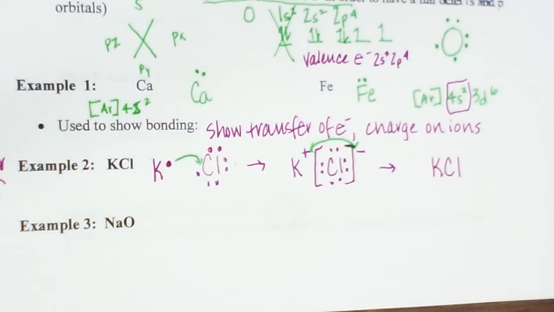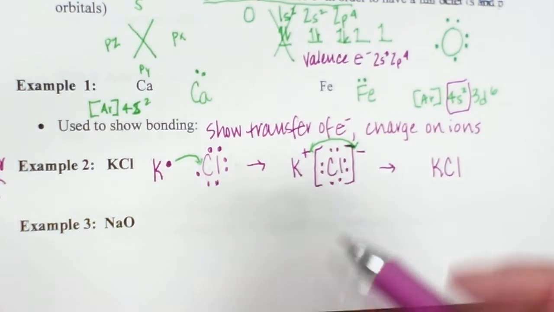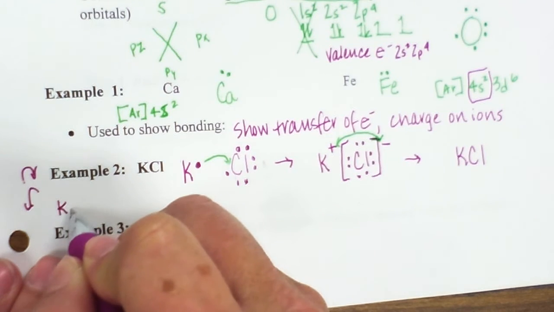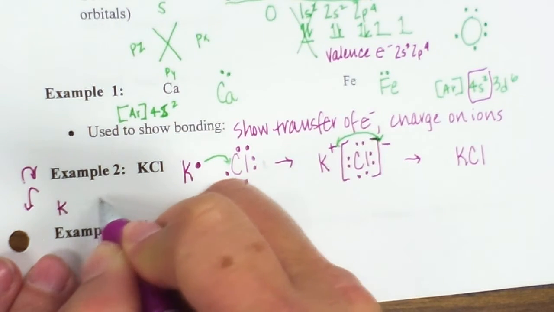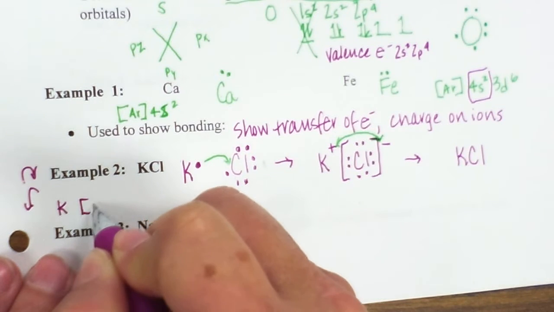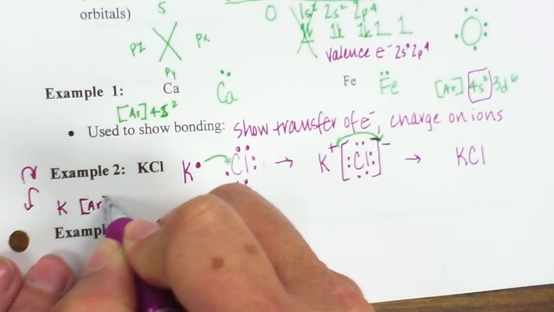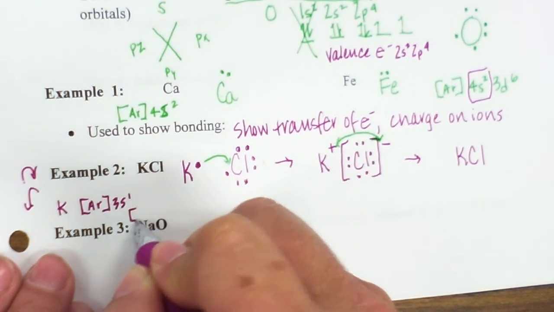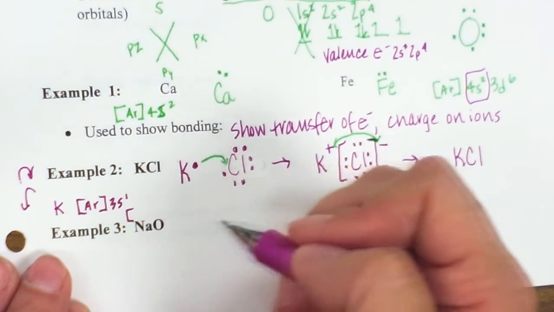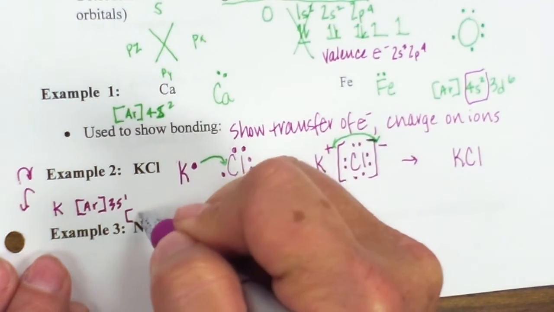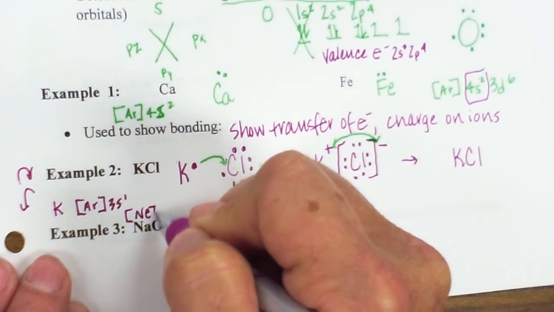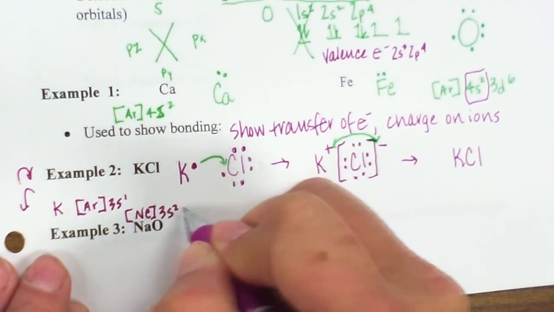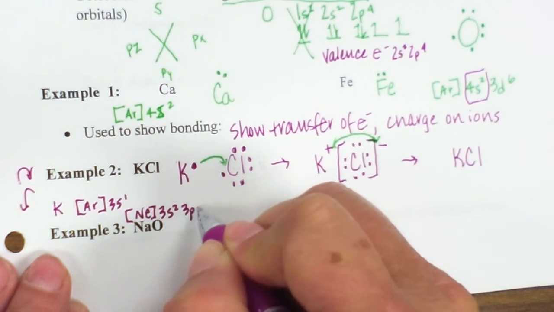So just a quickie, so that we can see what's actually happening here: potassium, which is argon 3s1, is transferring its electron to chlorine, which is neon 3s2 3p5.